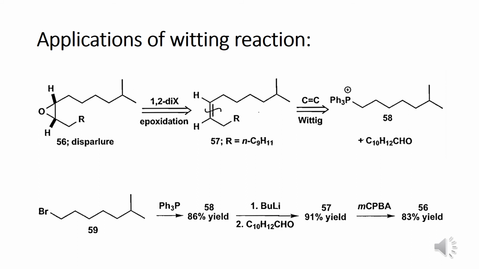disparlure, that is structure 56, an attractant for the gypsy moth, is an epoxide derived by stereospecific epoxidation from the Zusammen alkene, that is Z isomer of the alkene, structure 57 over here. As neither substituent is anion stabilizing, a simple Wittig should give the right geometry.